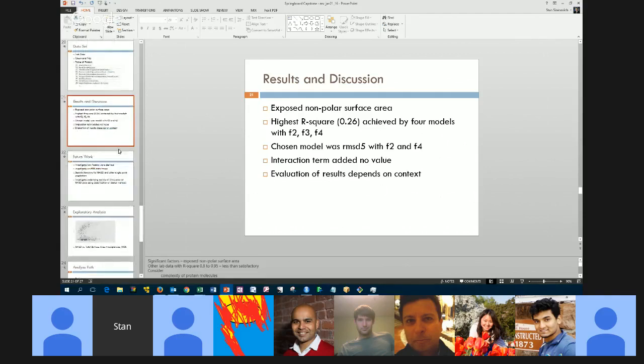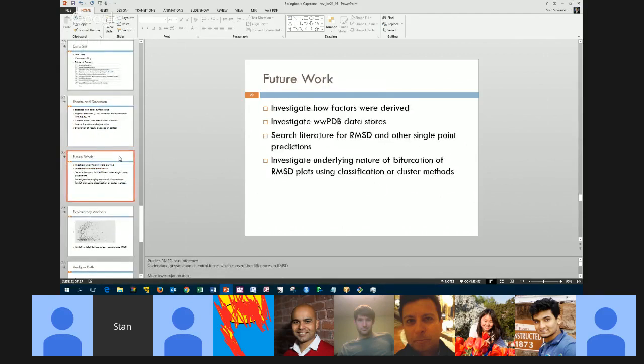So let's move on to future work. Future work, investigate how the factors were derived. There may be some hidden factors in there which were very important, which were somehow confounded with all the calculations. Investigate the PDB data stores.